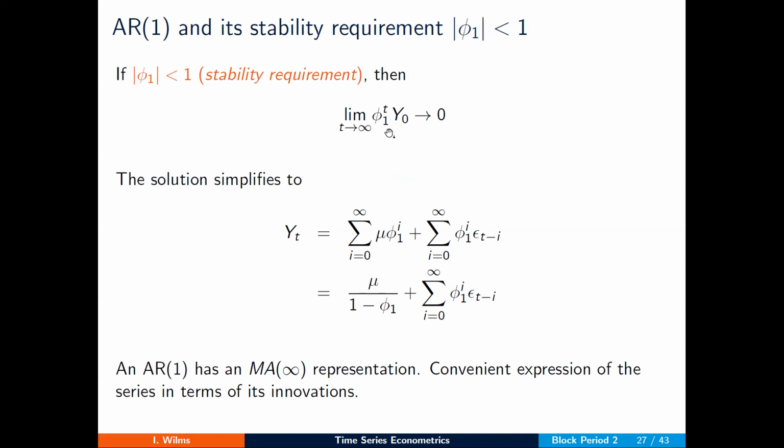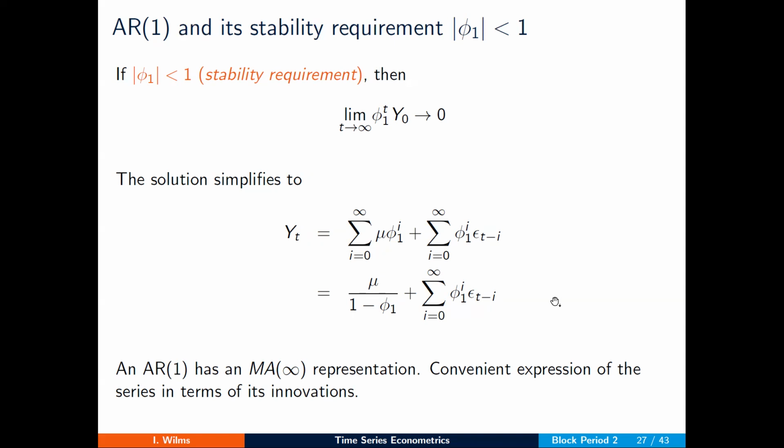If, on the other hand, phi would be equal to 1 or larger than 1, then the opposite occurs. Now, under this stability condition, the solution would further simplify to this expression over here, where we get a constant term and the infinite sum of all past errors.